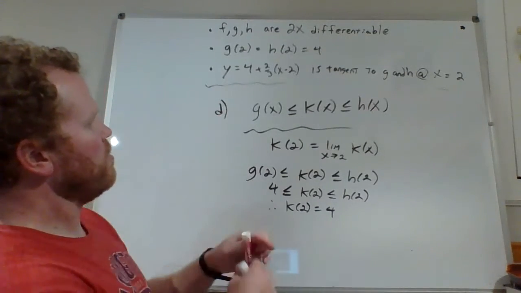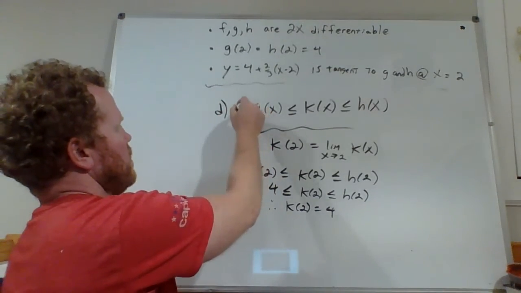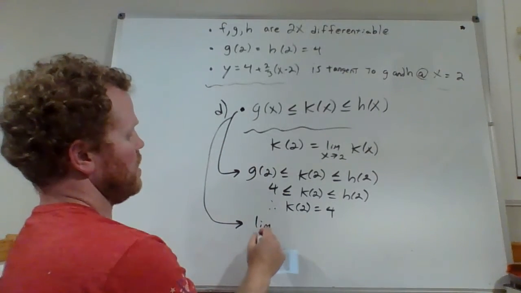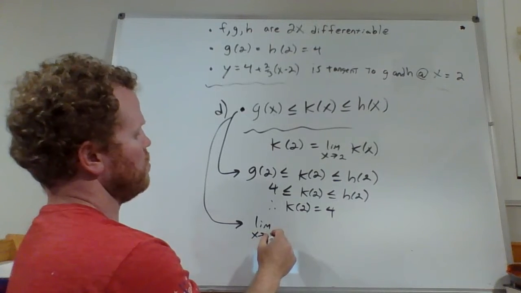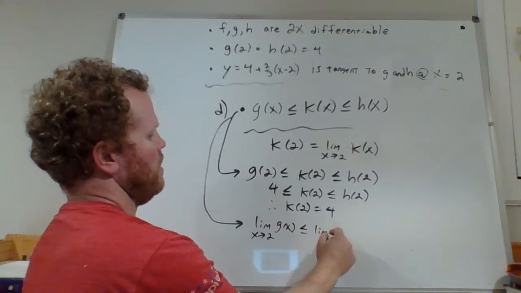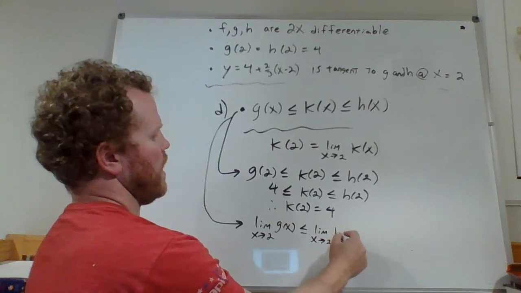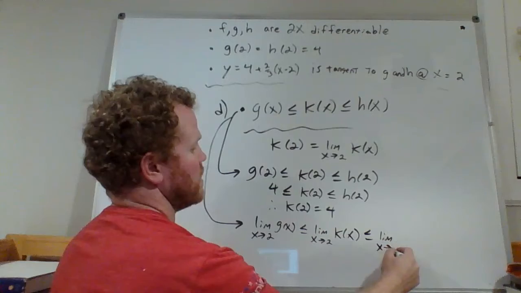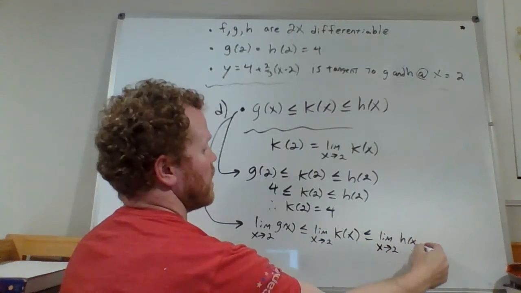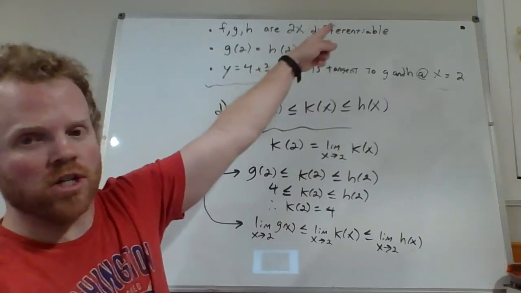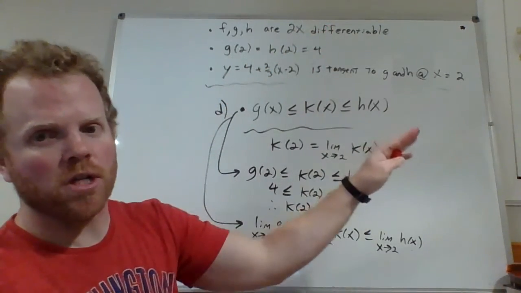So we've got this statement, and we can use it again with limits. The limit when x gets close to 2 of g of x has to be less than or equal to the limit when x gets close to 2 of k of x, which has to be less than or equal to the limit when x gets close to 2 of h of x. And again, g and h are differentiable functions, which means they're also continuous functions.